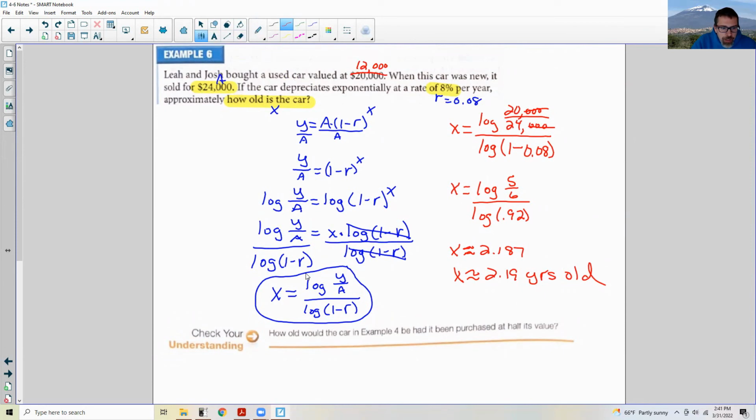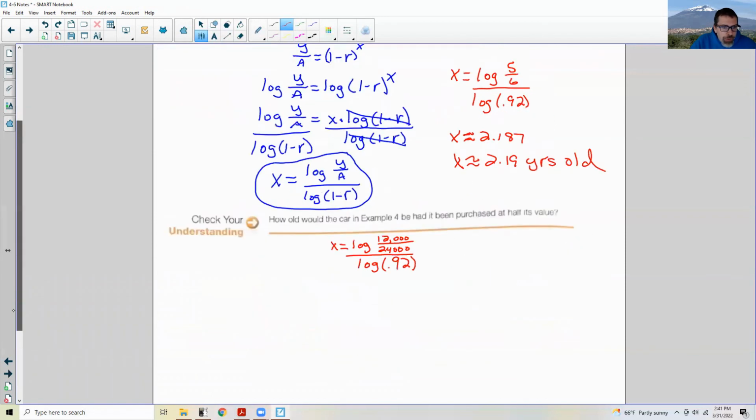It was right here. So our answer to this is going to be X equals the log of half price divided by original price, divided by the log of the same rate of 1 minus 0.08, which is 0.92.